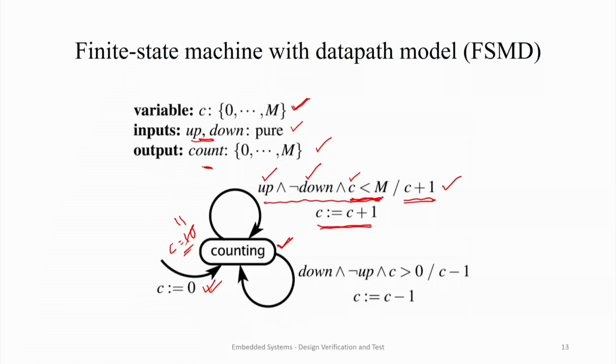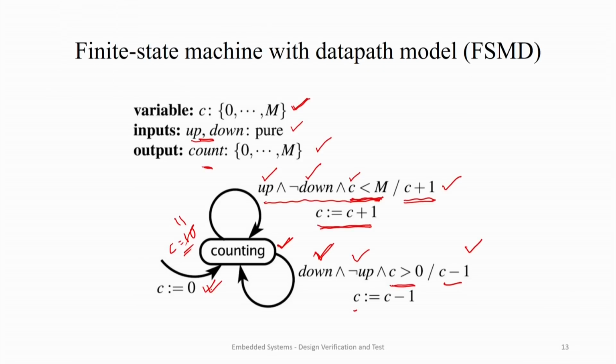Similarly, now let us say C equals 11, down is 1, up is 0, and C greater than 0. Then the output will be C minus 1, that means one car has gone out. Therefore, the output should be 10, that means currently the garage has 10 cars after one car has gone out.